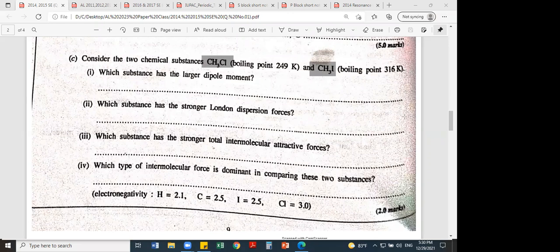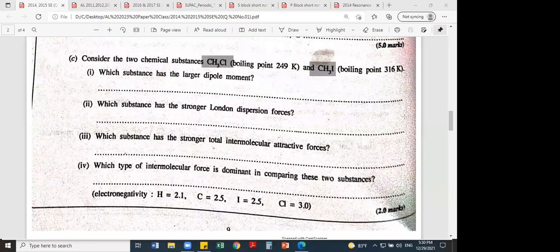Now, how to decide the stronger dipole moment? It depends on the electronegativity difference as well, and the bond length also matters. There's an equation for the dipole moment; you might have learned that in theory class. The electronegativities are given at the bottom: carbon 2.5, iodine 2.5, chlorine 3.0.